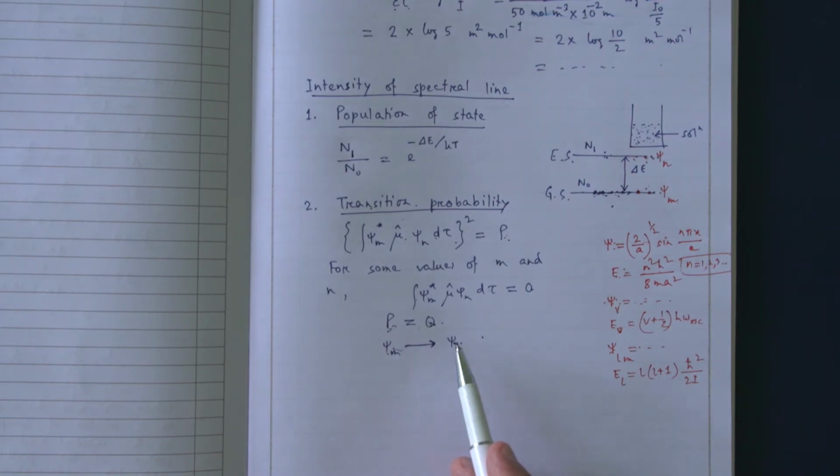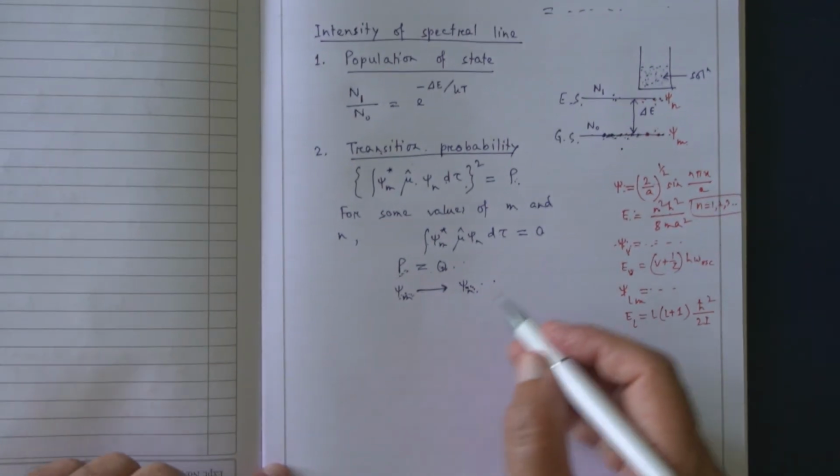This does not mean that transition from this state to this state will not take place at all. This transition may take place. This is zero, but this transition may take place. But probability is very, very small. So in that case, intensity of spectral line will be small.